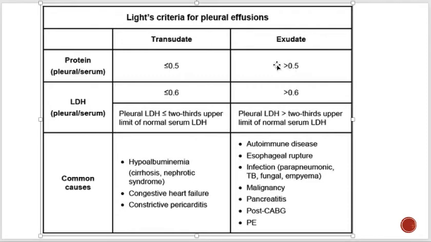The ratio of pleural fluid protein to serum protein is more than 0.5, or the ratio of pleural LDH to serum LDH is more than 0.6, or the pleural LDH is more than two-thirds of the upper limit of normal serum LDH.